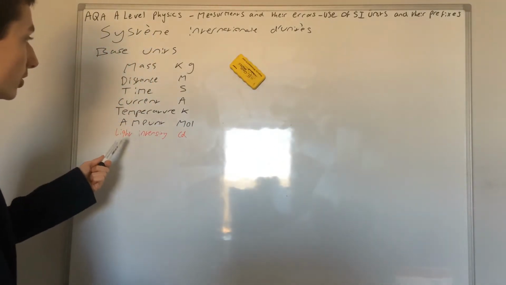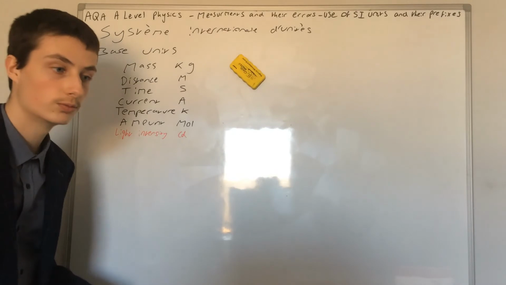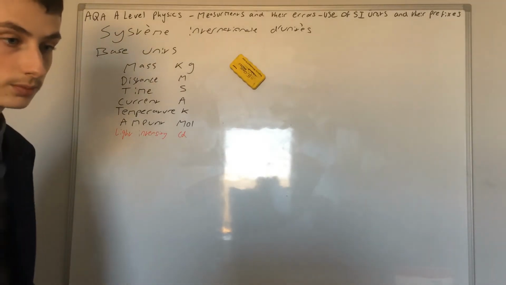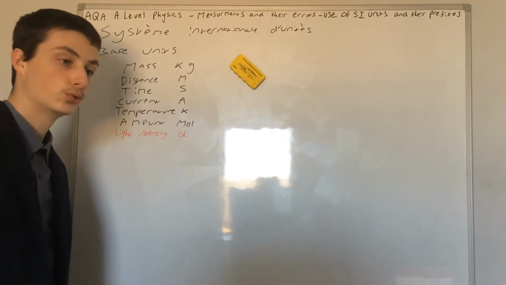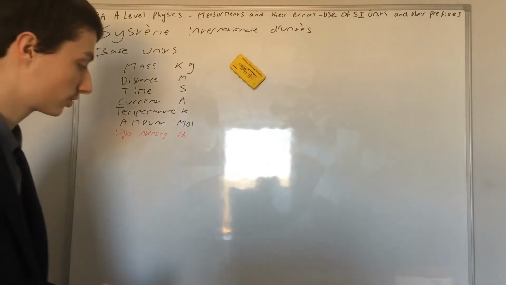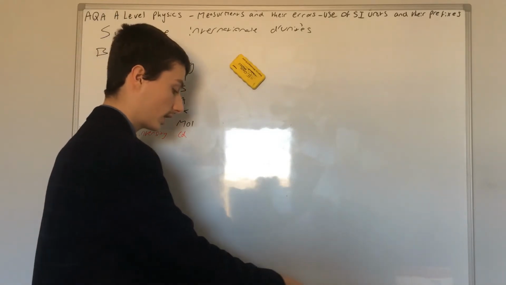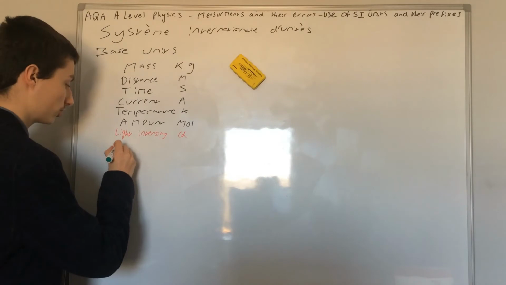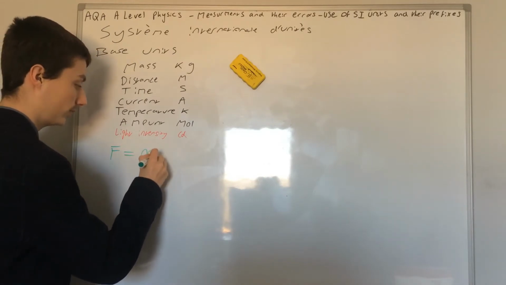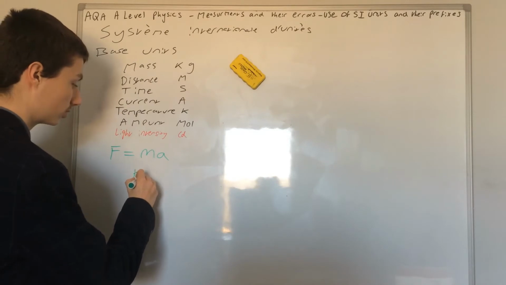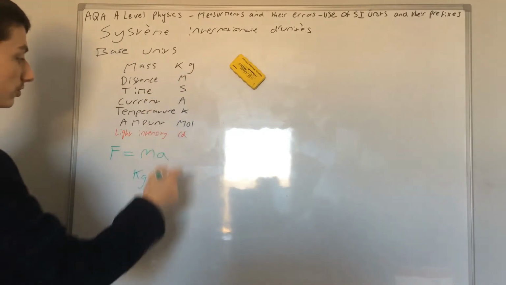Now, you may be thinking, well, what about newtons? What about joules? They're units, they're not on here. Yeah, they're what we call derived units. They're made up of these 7 base units. Let's have a look at force in newtons. Newton's second law, F equals ma. Mass is measured in kilograms, one of our base units.